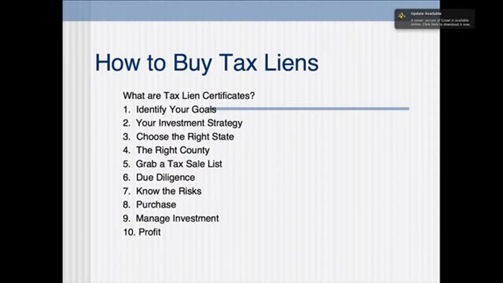Here's a few things that you might want to consider when doing your due diligence. Number 1, the whole budget issue. Is it too far out of your budget? Keep that in mind. Number 2, the zoning on the property. Number 3, if it's improved or unimproved.